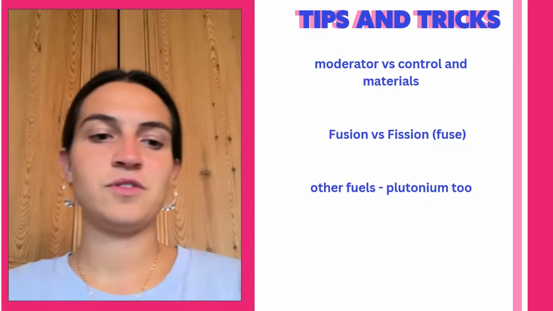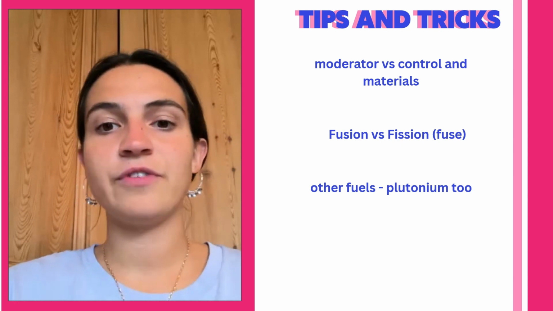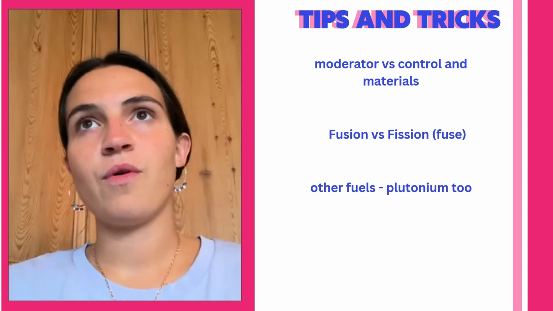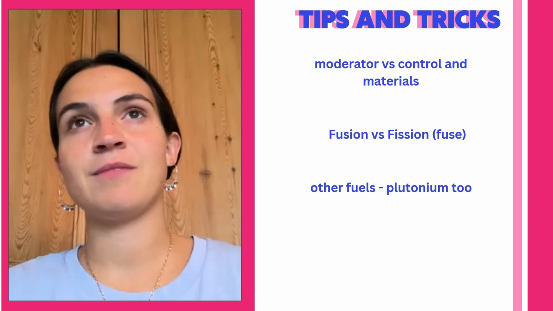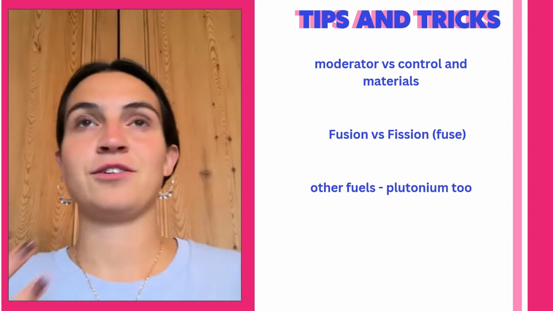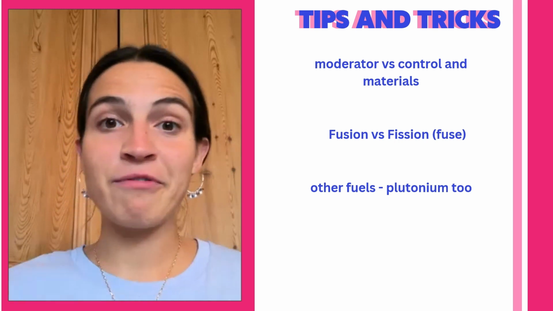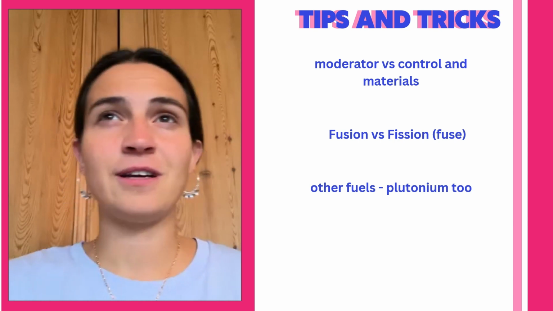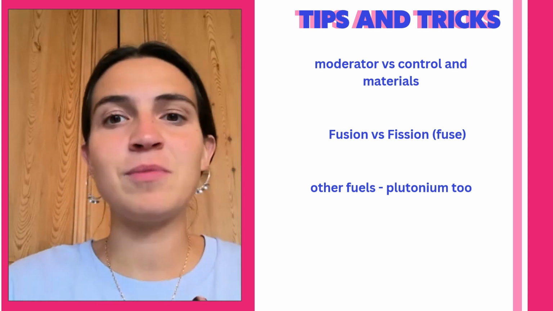Okay, so some tips and tricks for this section. Moderator versus control rods and materials. I think the biggest mistake to make is to get moderator and control rods the wrong way round in terms of their use, because moderator sounds like it's doing a similar thing by moderating maybe the reaction.